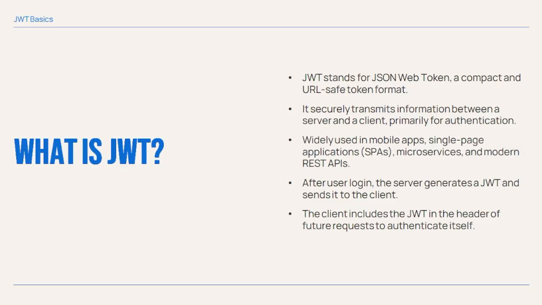After user login, the server generates a JWT and sends it to the client. The client receives the JWT token and passes it in a header as an authentication bearer token, and whenever the server receives it, it validates the token. If the token is valid, then only you are able to access the particular resource. Otherwise, it will say forbidden.